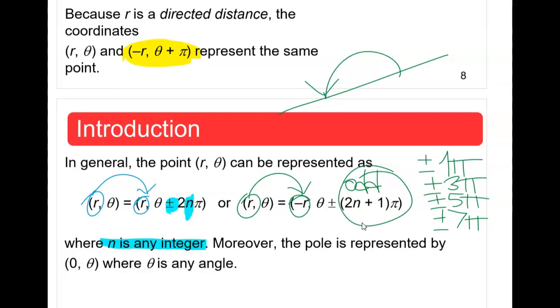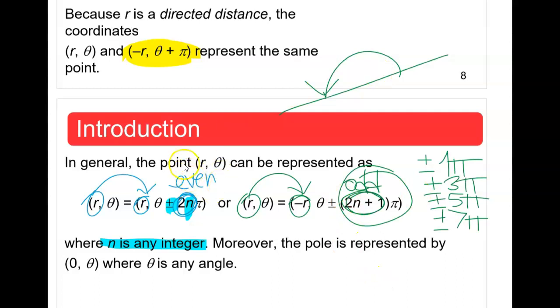So if you were to include the even multiples of pi, that's also how we can see 2n is even, and 2n plus 1 is always odd.